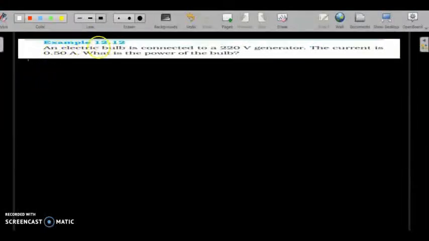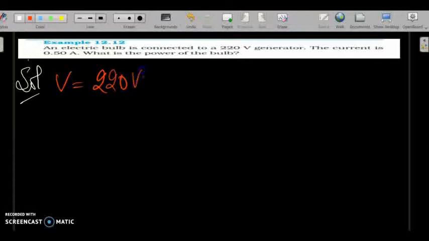So children, let us work example 12.12, and here we have the electric bulb. An electric bulb is connected to a voltage source of 220 volts. So V is equal to 220 volts. And the current is 0.5 ampere. Now, what is the power?